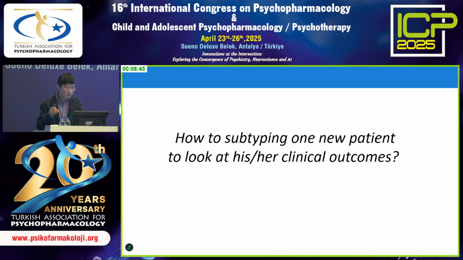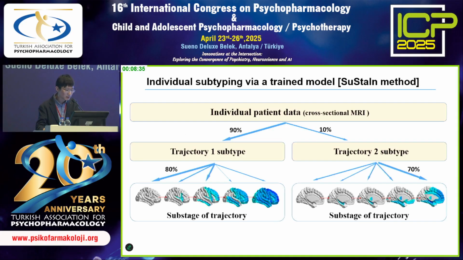Finally, I want to talk about how to subtype a new person and look at their clinical outcomes. We have trained a SuStaIn model. Using this model, we can achieve individual subtyping. For each new patient, we can input the patient's data into the trained model.